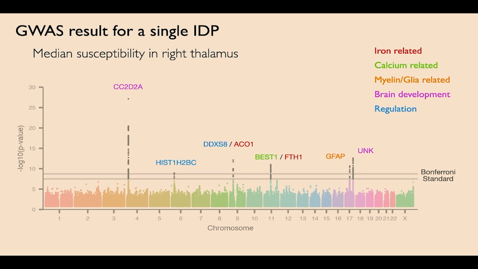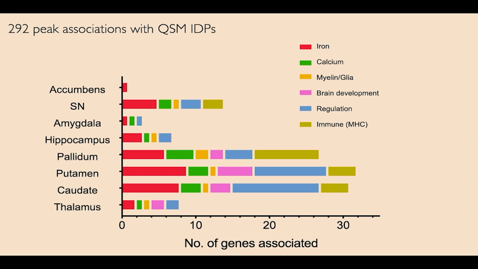So this is just for a single IDP. When we combine all 16 QSM IDPs, in total we identify 292 peak associations. Here I'm showing you the summary plot for QSM GWAS with all ROIs, where the y-axis represents each ROI, and the x-axis gives the number of genes associated with a given ROI, and different colors mean different biological functions of a given gene.